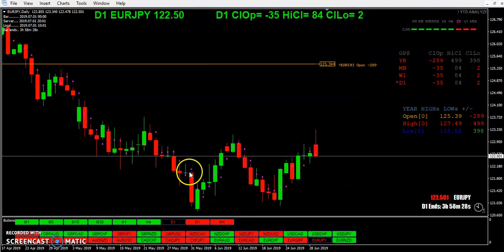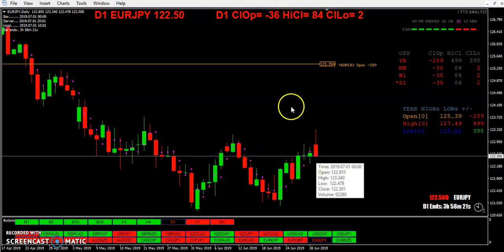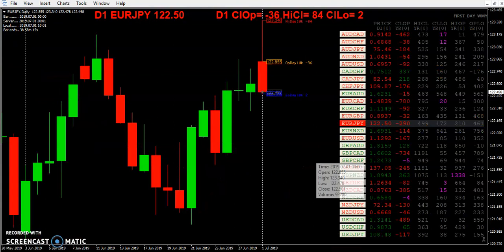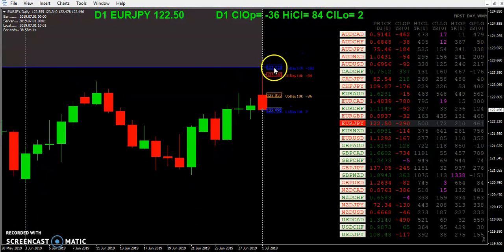It's hard to see the difference in color, I'm sure, but this is magenta and the other is purple. Now, you see here we've got the first day of the week. We got a huge range here, a nice range this first day of the week. There's the first day of the year. We missed it by what, 17 pips, getting back in that zone.